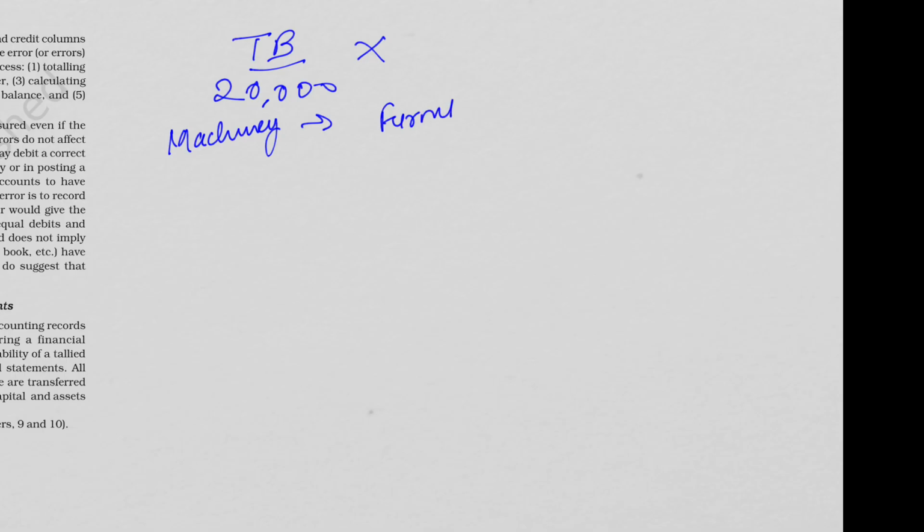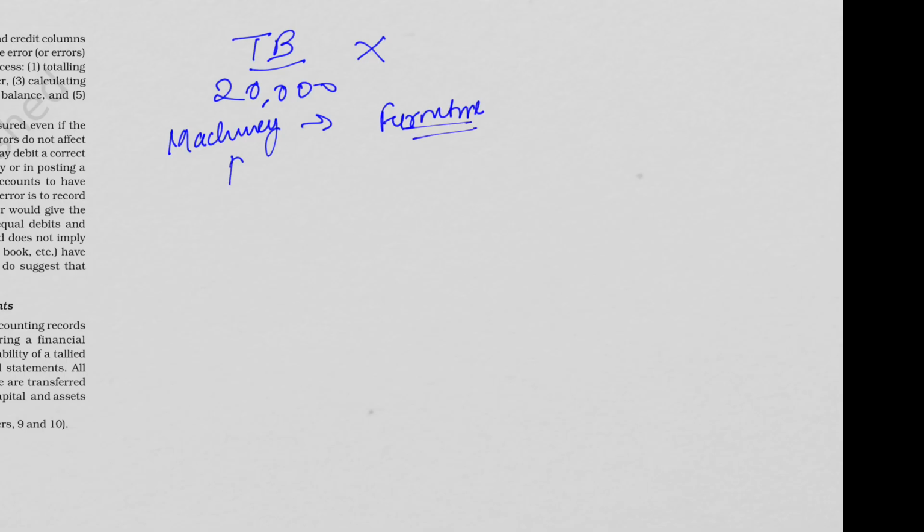Now let us discuss the important concepts as we studied. Even if the trial balance agrees, some errors may still remain undetected. For example, wrong account error. Suppose we had machinery worth rupees 20,000, but we recorded it as furniture.